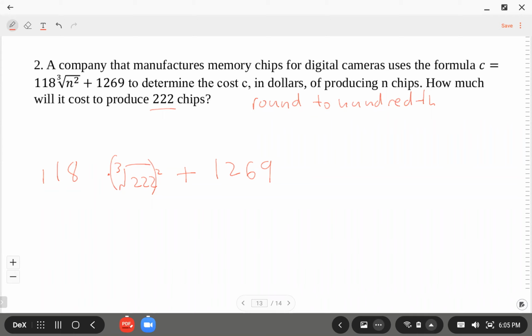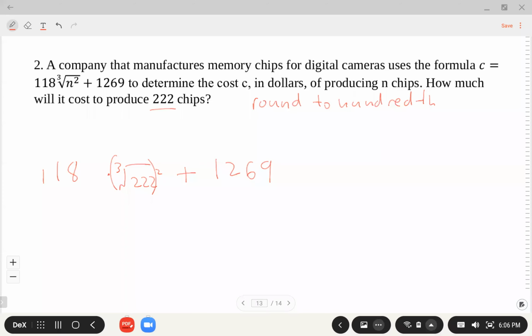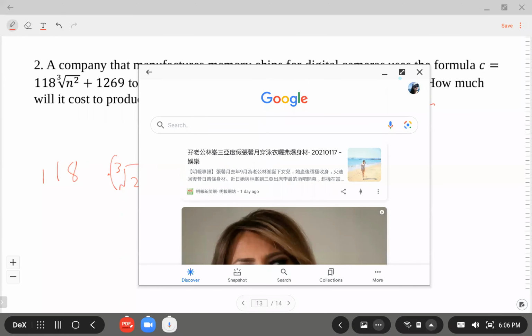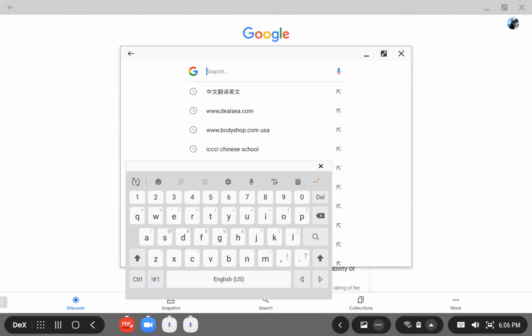So, let's do 222 to the cube root. Okay, if you can, what the heck? The calculator doesn't have this cube root button, so apparently I'm gonna have to use Google for this one. What is this? Calculator.